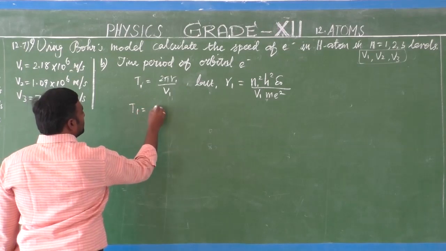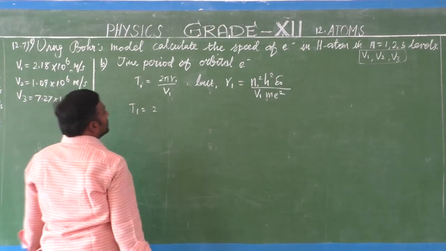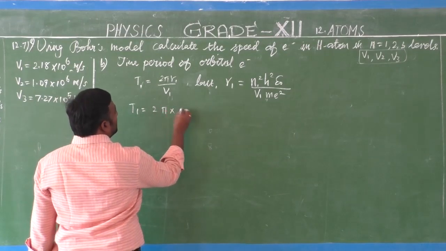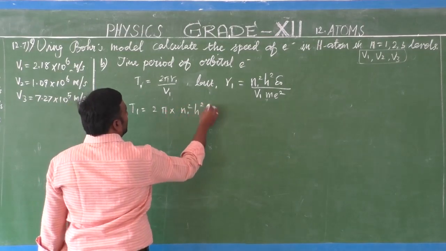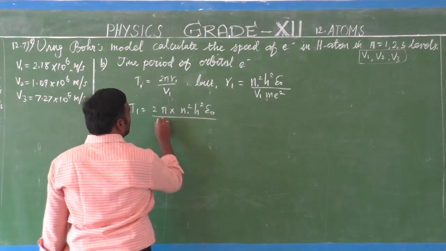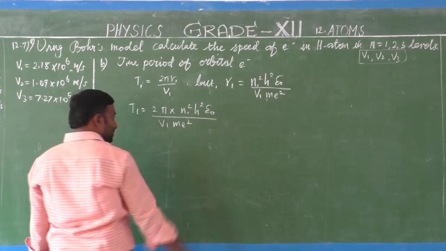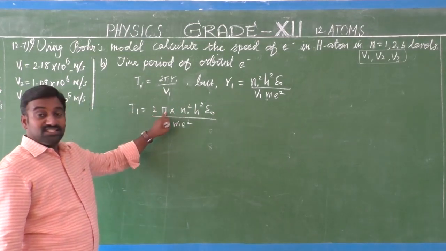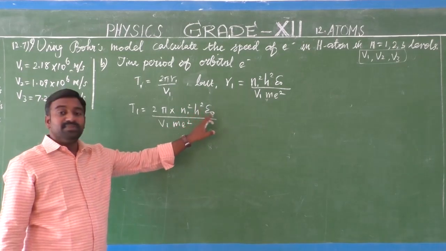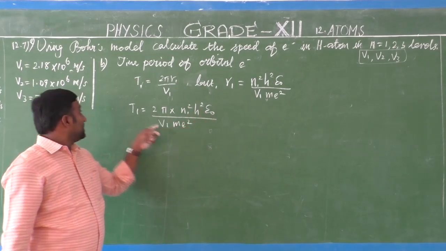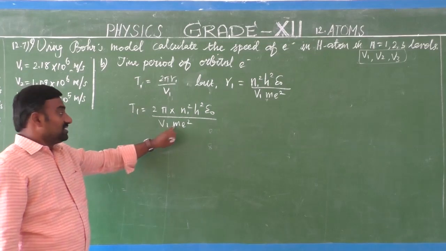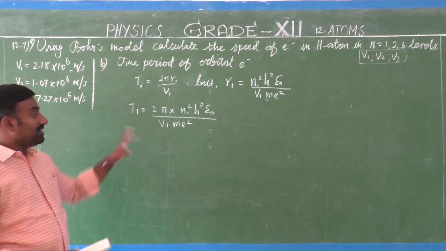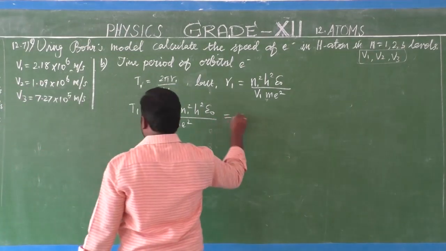Then T1 is equal to 2 pi into n1 square h square epsilon naught divided by pi me square into v1. So it's all constant. So n1 is 1 square, pi is 3.14, Planck's constant, permittivity of free space. Velocity we already found, substitute the velocity here. This is the mass of an electron, this is the charge of an electron, the whole square. After substituting all these values and simplifying, we will get the time period.